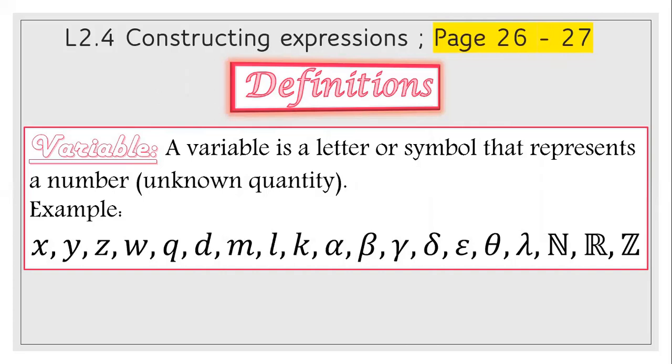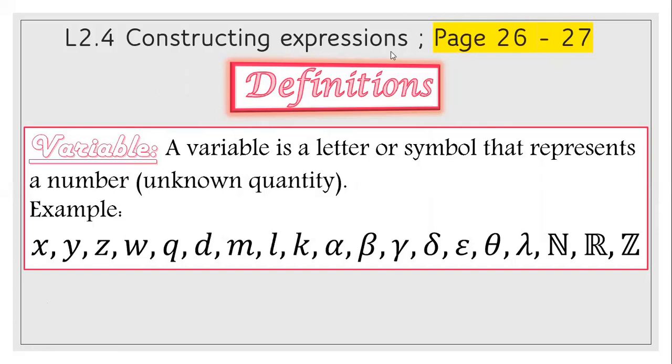A variable is a letter or a symbol that represents a number, an unknown quantity. For example, you can use the letter X or Y or Z or W or any letter of the alphabet. Or you can use the Greek letters: alpha, beta, gamma, delta, epsilon, theta, lambda.